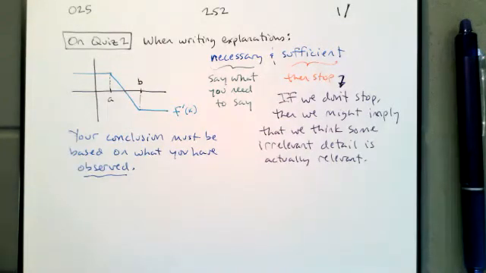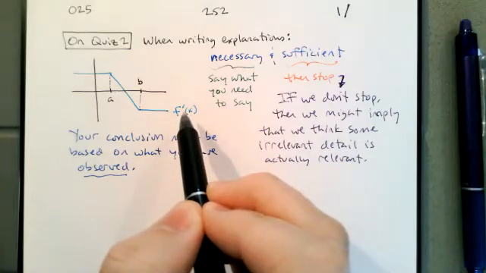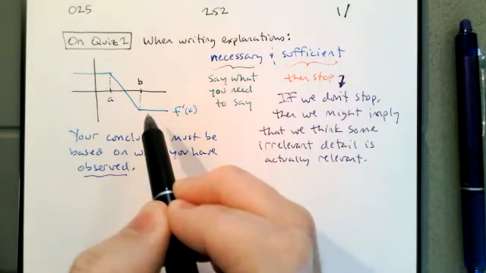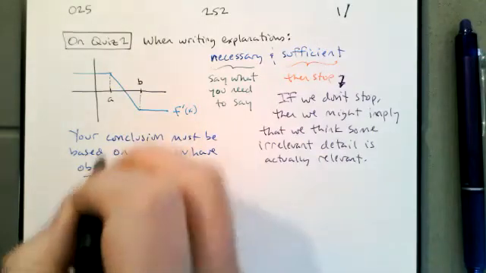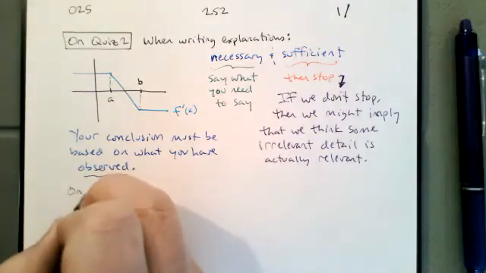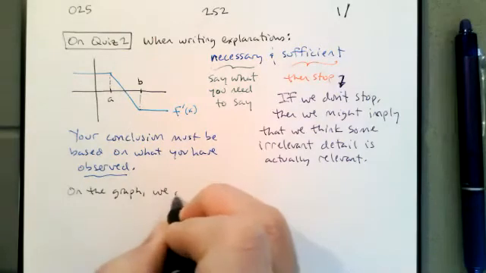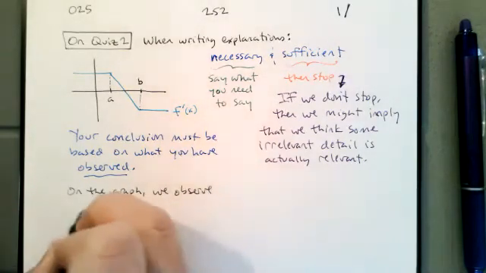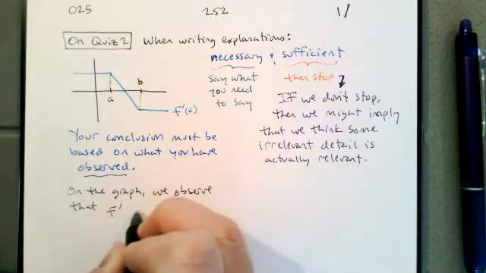Some of you brought up the fact that f prime is negative on the interval from a to b. That is true, but that's a conclusion that we're making based on the observation that f prime is decreasing on the interval from a to b. So on this problem, on the graph, we observe that f prime is decreasing.